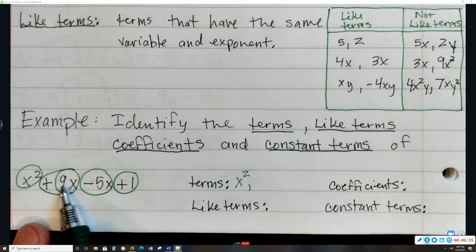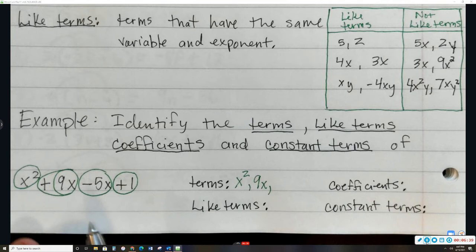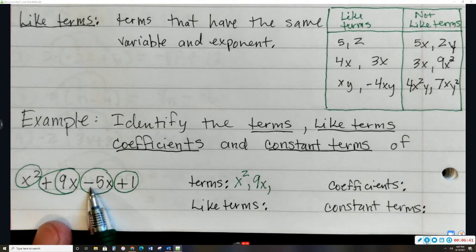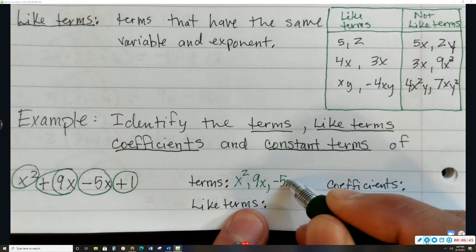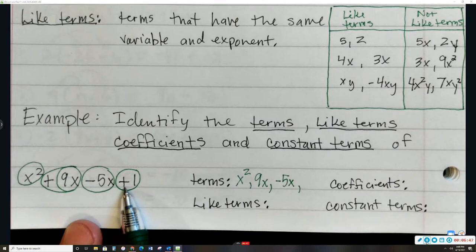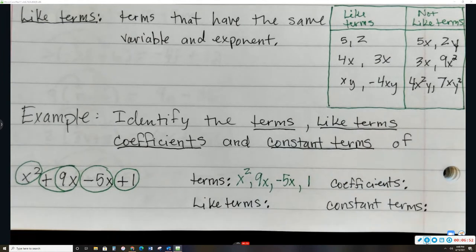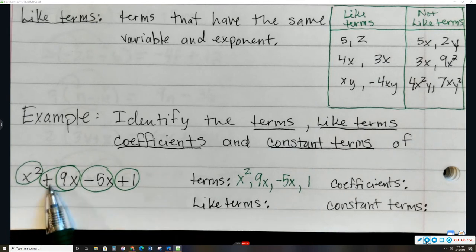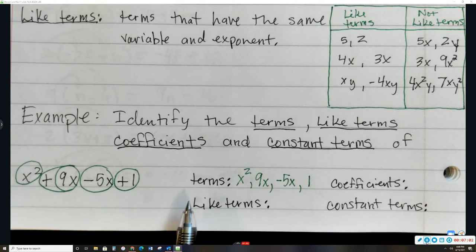This one is a positive 9x. And then this one's a minus, because of the minus, put the minus 5x. And then this plus 1, that's just going to be a 1. So the plus and the minus, it actually makes this like positive and negative. So those are the terms.